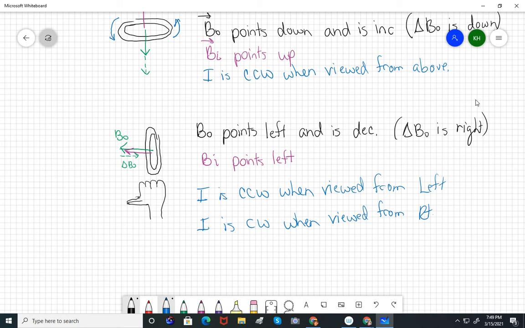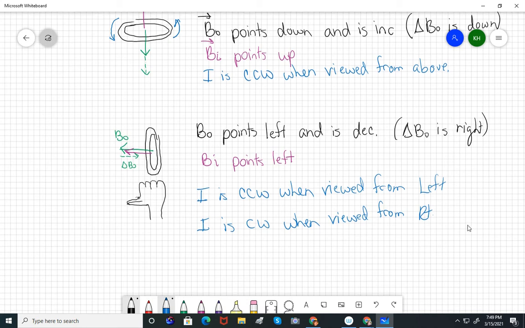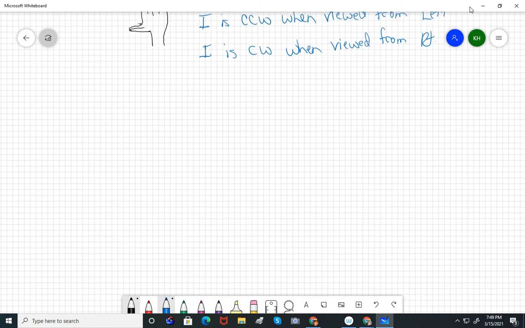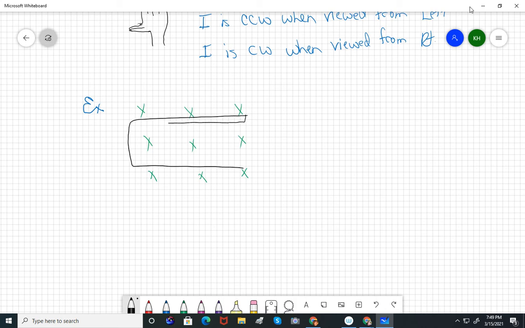So let's look at at least one example. We're not actually going to have any numbers with this example. We just have kind of a directional situation. It's that slide wire generator again. We've got this magnetic field, nice and uniform, points into the board. I'm not going to draw a whole lot of it. And we've got these U-shaped rails.